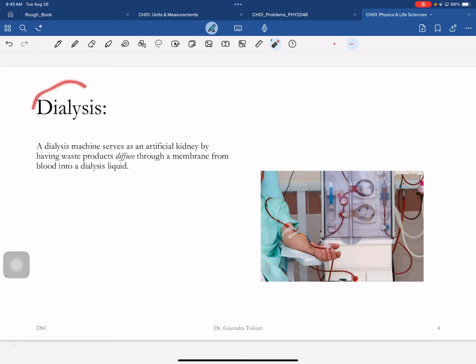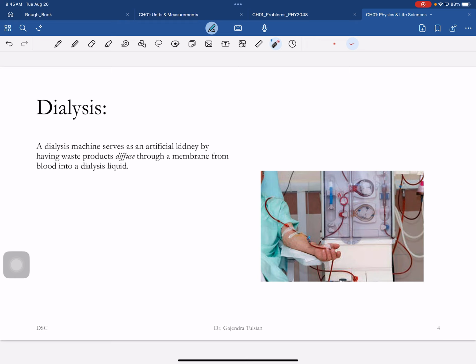So here is a dialysis machine. Anybody work with a dialysis machine? Do you know what the dialysis machine does? It takes over the kidney function temporarily.